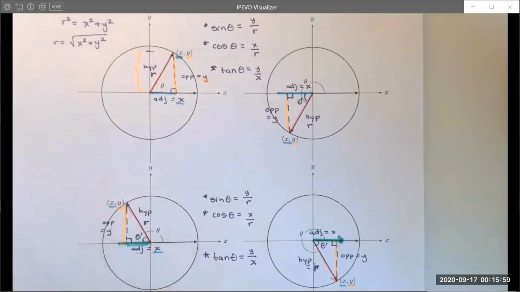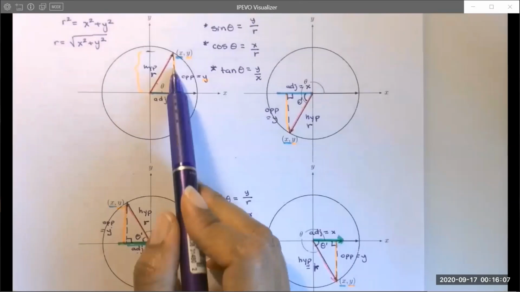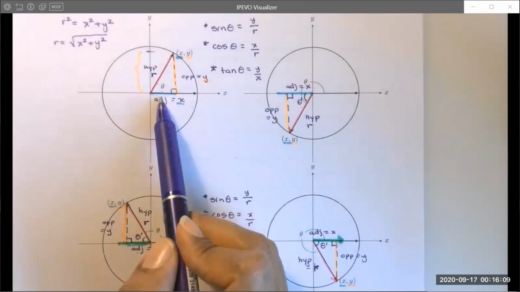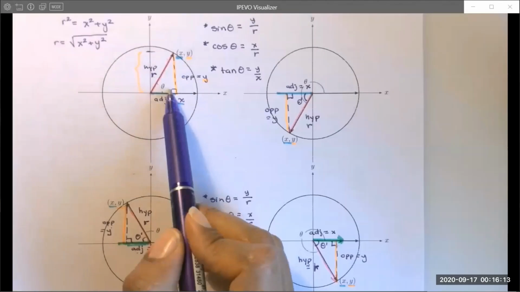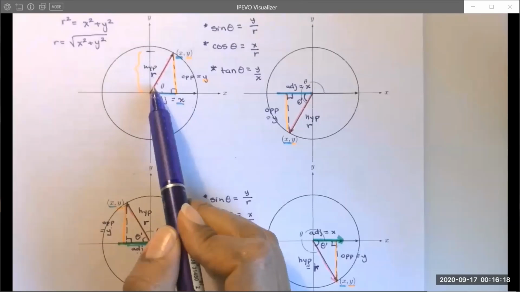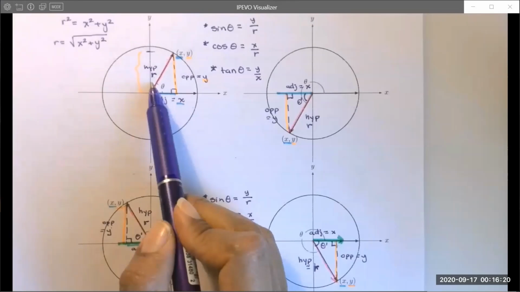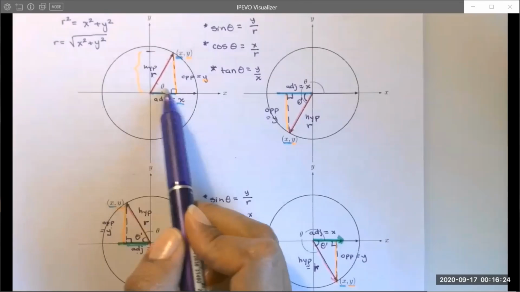Okay, so we draw the triangle always between the terminal side and the side of the x-axis that will form an acute angle. So it always has to be connected back to the x-axis. So here that's kind of the only option that we have. The other option would be to draw it here, but that would not give us a right triangle, right? So we're going to be drawing a right triangle here.